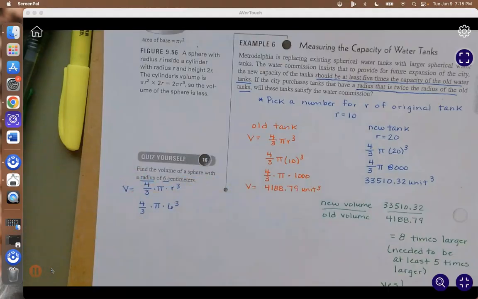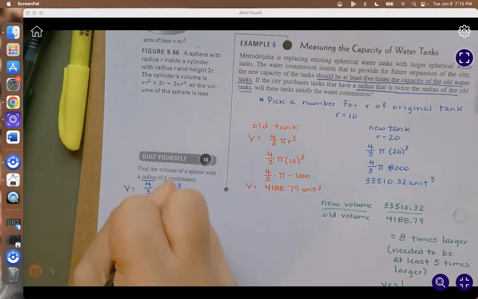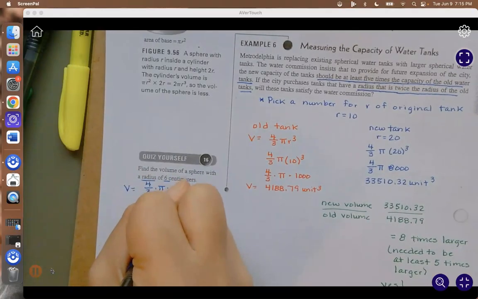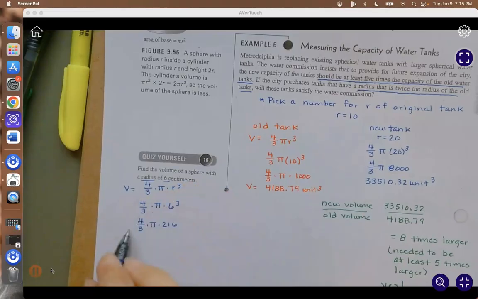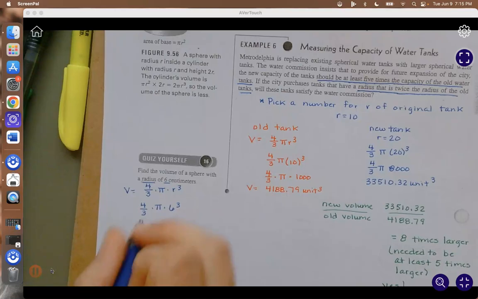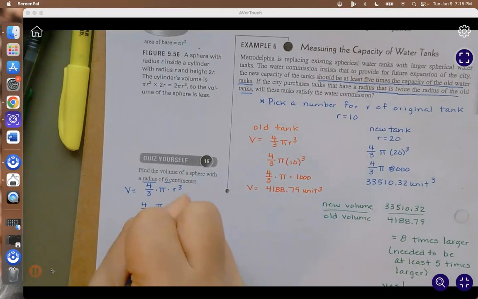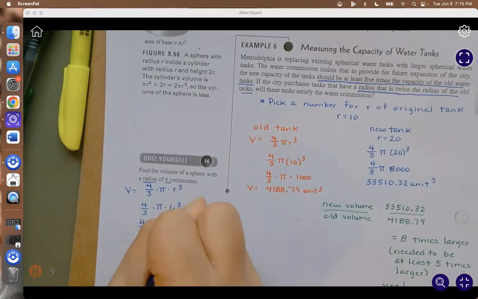Okay, so 6 cubed is 216. So multiply those things together. Remember, when you're using a fraction, you can put it in parentheses. That'll help a lot. Okay, so this is 904.78 cubic centimeters.